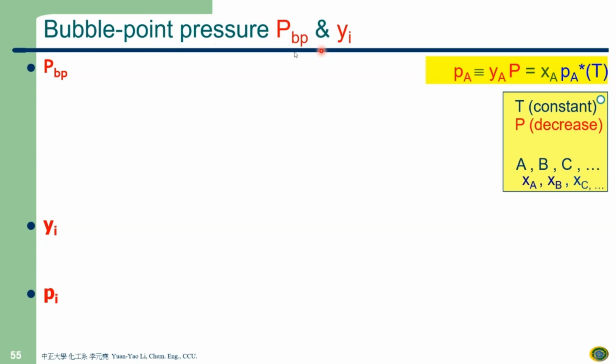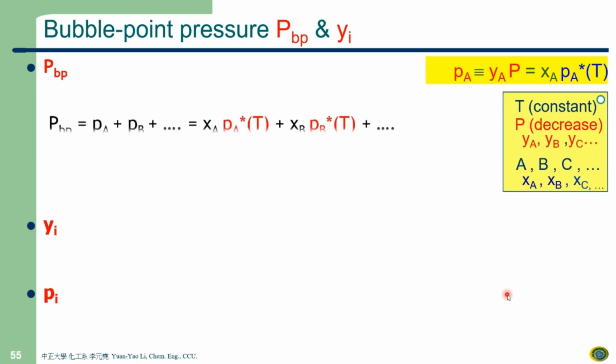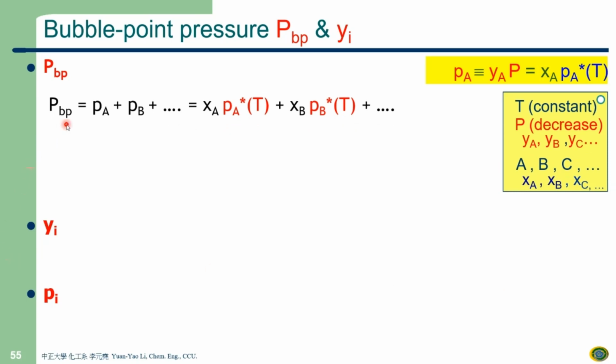And how are you going to find out bubble point pressure and the molar fraction of i, yi, and the partial pressure of i species? Again, I hope you still remember I told you that you make this all together, the total pressure is equal to this equation. And once you know the temperature here, because this is the constant, then what you need to find out is the vapor pressure of A species, vapor pressure of B species, according to what?